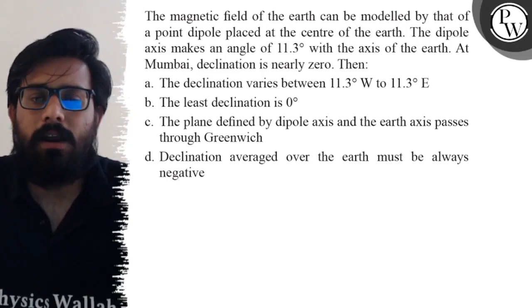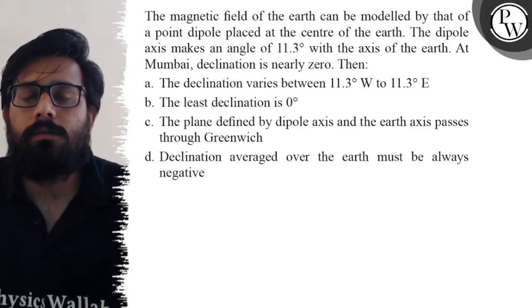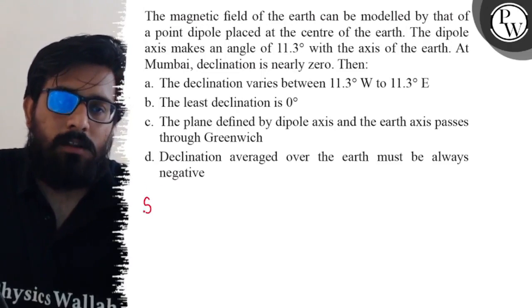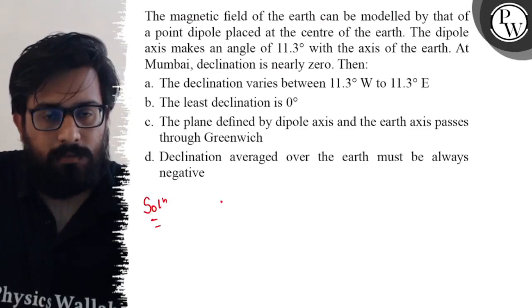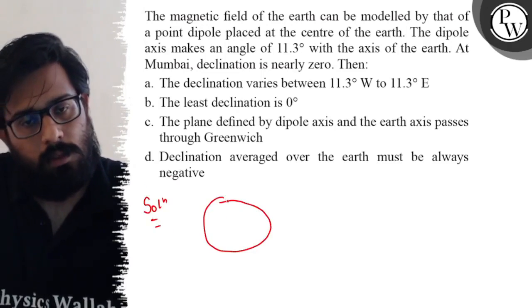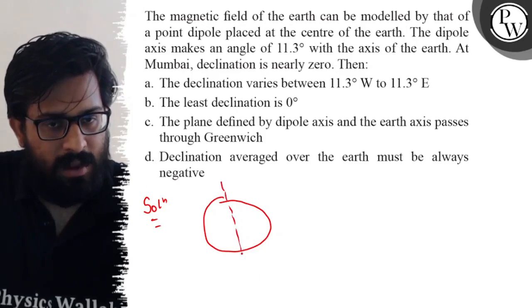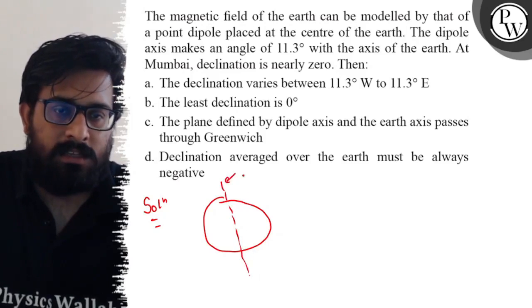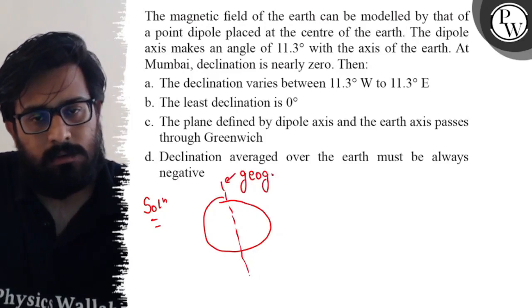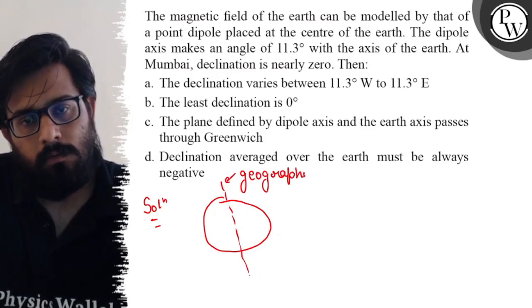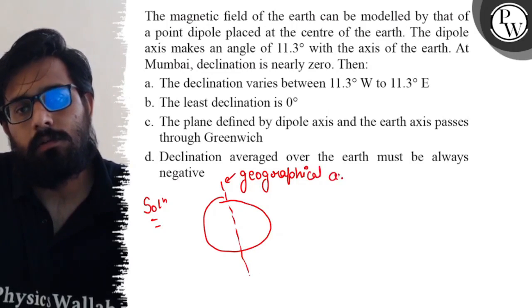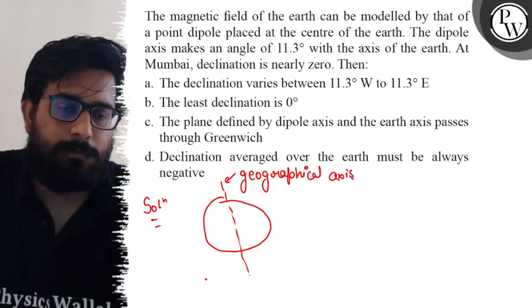So for this part, we know that if we observe the earth, we have this earth. This is the axis of the earth, the geographical axis. Then we have this magnetic axis.